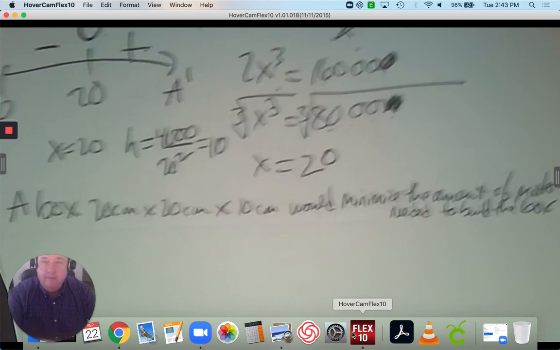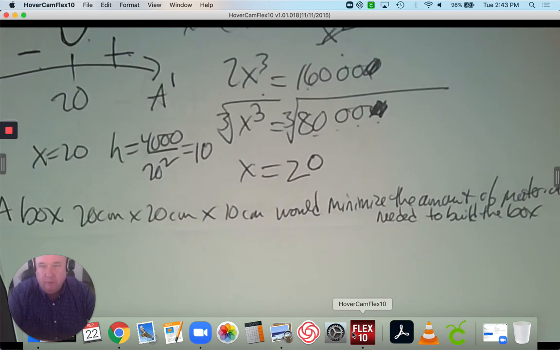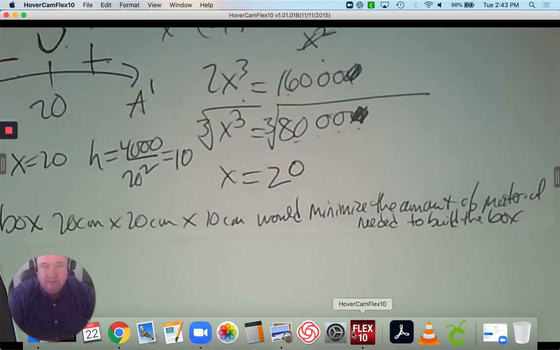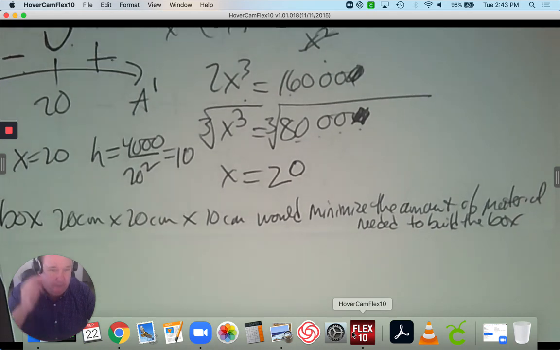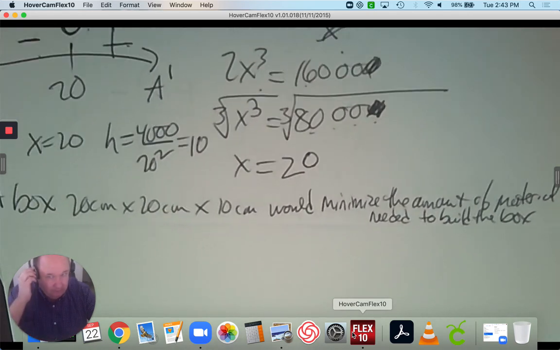So again, a box 20 centimeters by 20 centimeters by 10 centimeters would minimize the amount of material needed to build the box. And there you go.